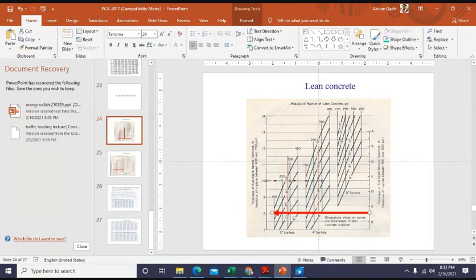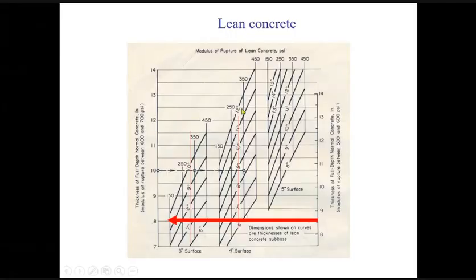And what are these values? This is the modulus of rupture of the lean concrete. So I draw a perpendicular at 8.5 inches.